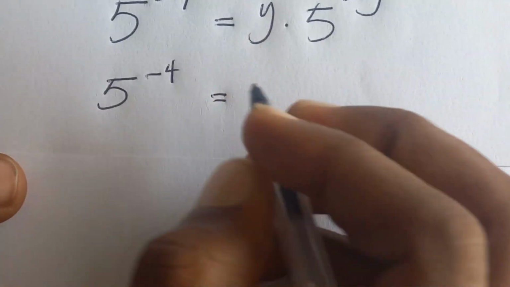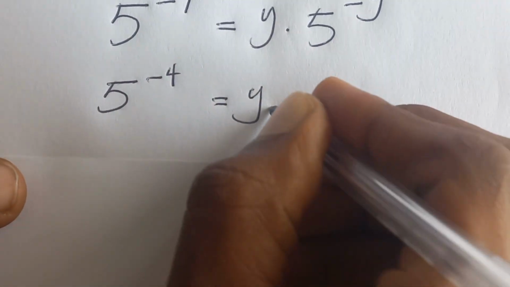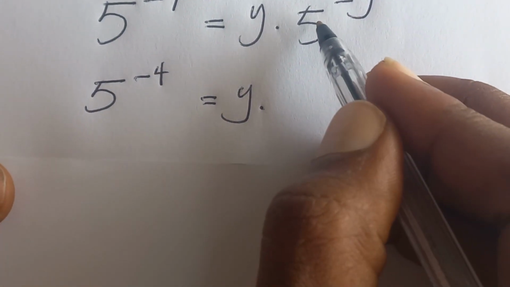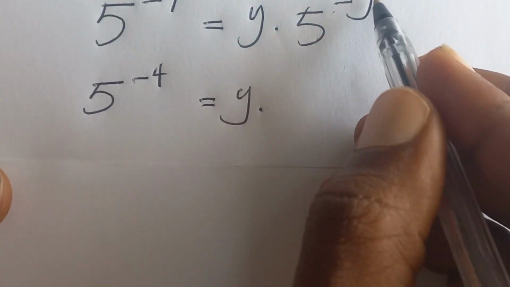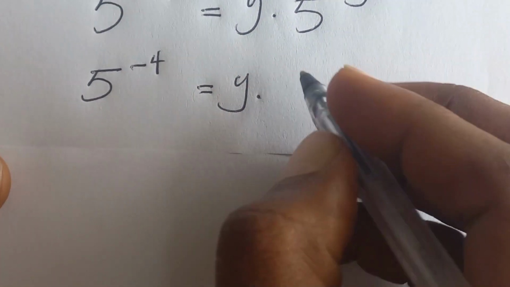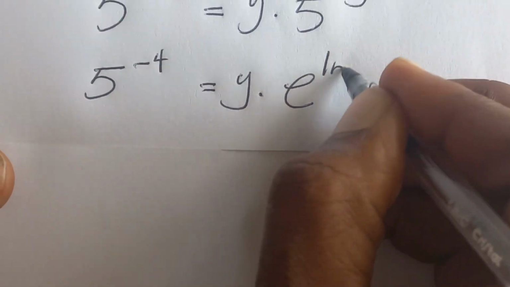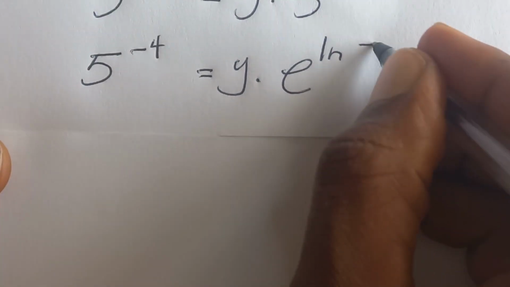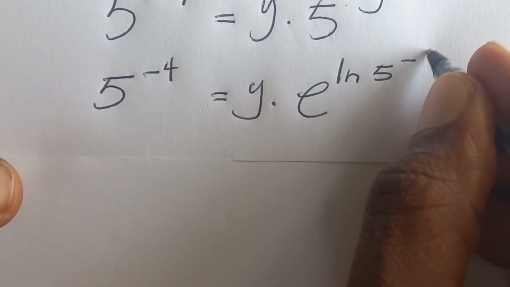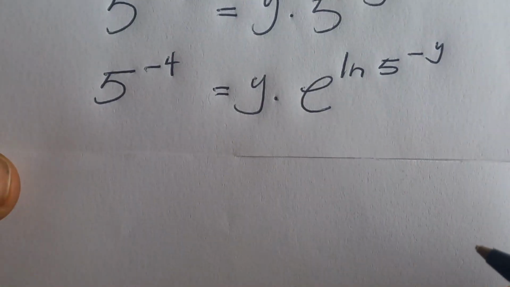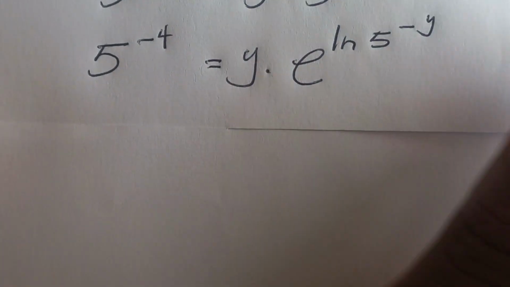So now we have 5 exponent negative 4 is equal to y multiplying by this 5 exponent negative y. Can rewrite it as natural log, ln 5 exponent negative y.